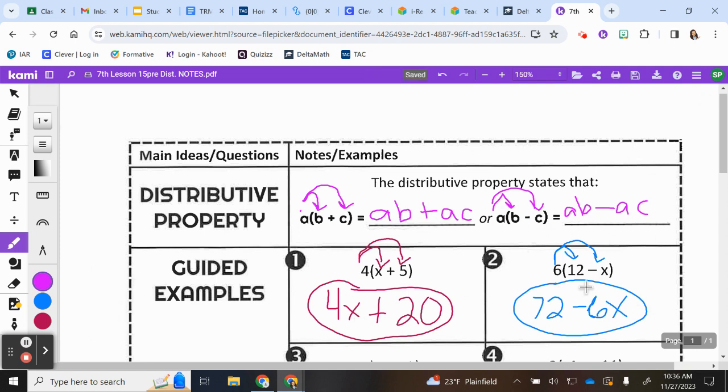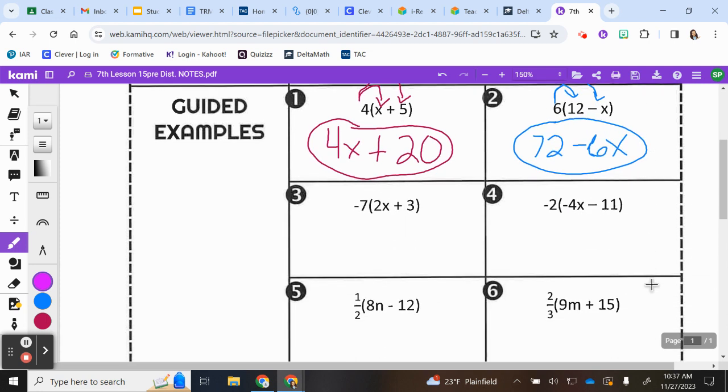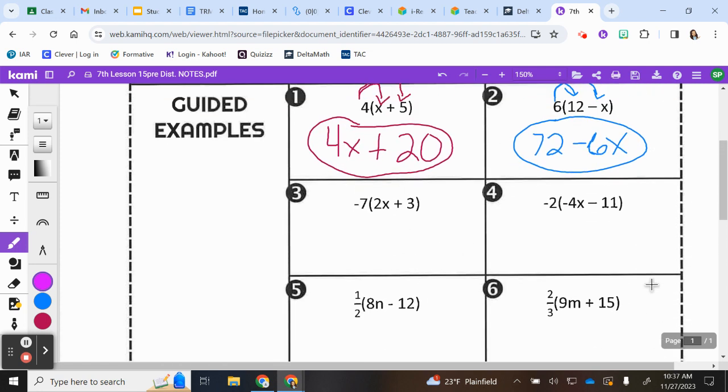We're doing multiplication, and just make sure you get the pluses and minuses correct. It gets a little bit harder with negatives, but we'll do a few of those examples, like in number 3. All right, so number 3 has a -7. So when you multiply it, it's going to be -7 times 2x, which is -14x.